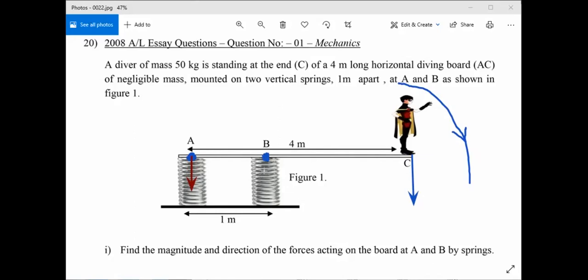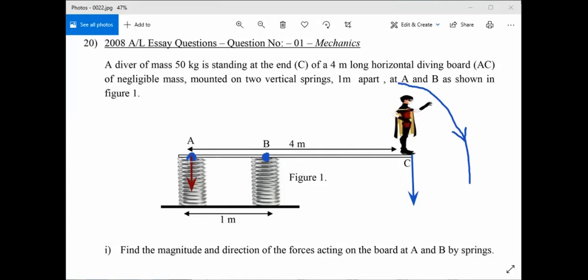I'll explain this in a different method, but I just want to give this explanation also, because there are some brighter students who can understand even when I explain like this. But I'll use the normal whiteboard and give explanation, then everybody will be able to understand. Because of the weight of the boy, C is going to be moved downward, then spring B will be compressed and spring A will be stretched upward.